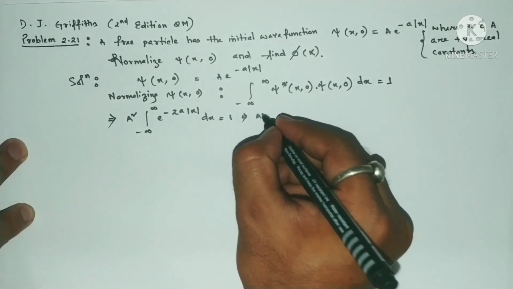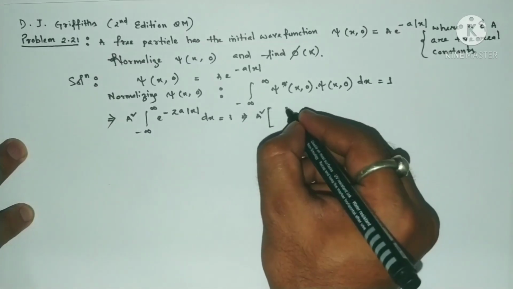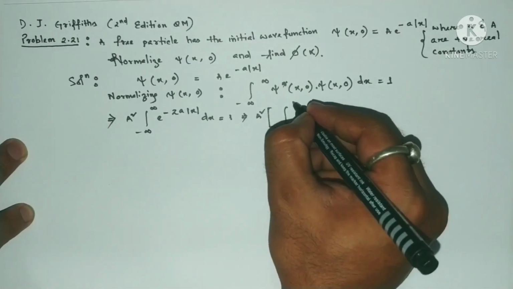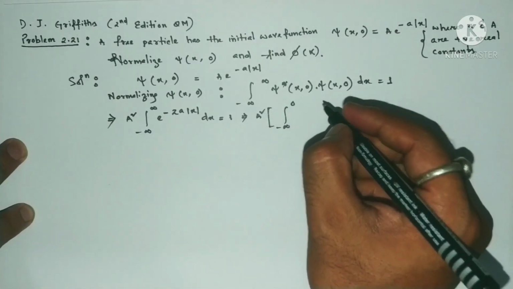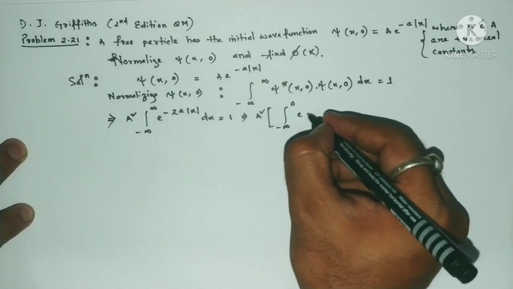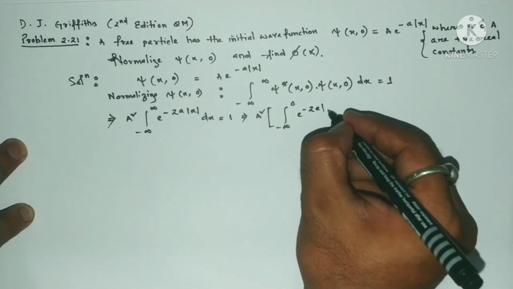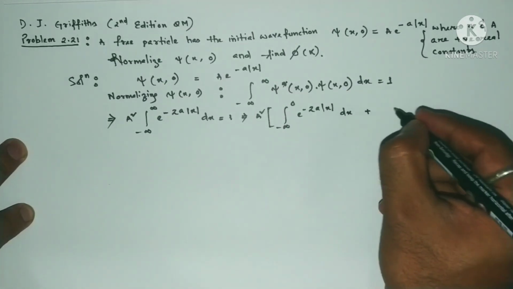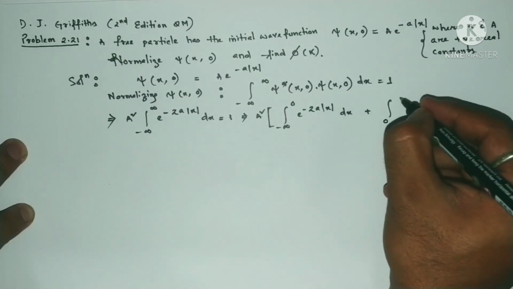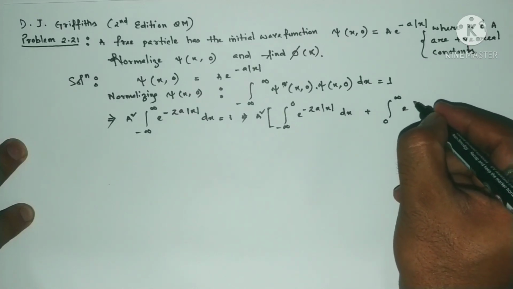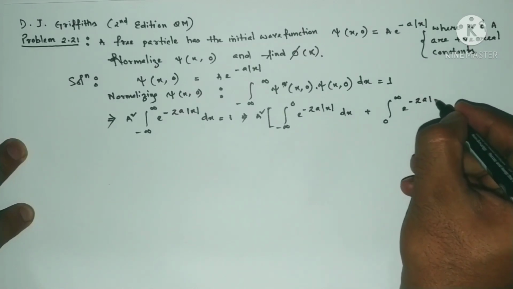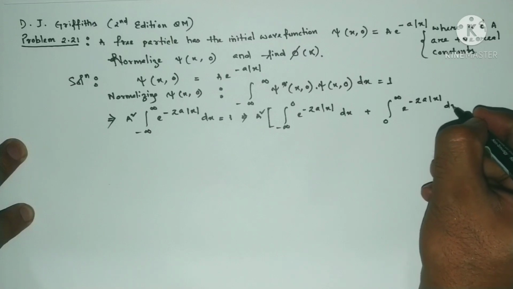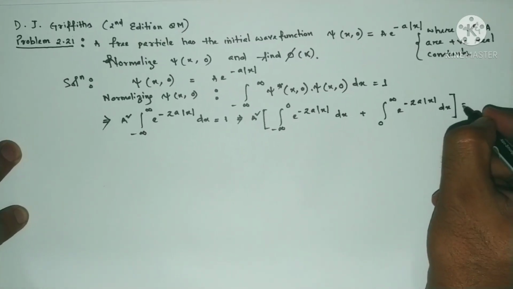So A square, if you break the integration into two parts, one is the negative part, minus infinity to 0, e raised to minus 2a mod of x dx, plus the positive integral from 0 to infinity e raised to minus 2a mod of x dx. This whole will give you 1.